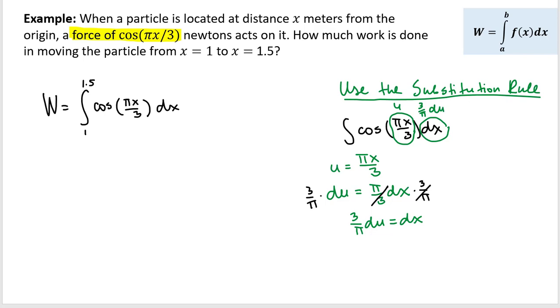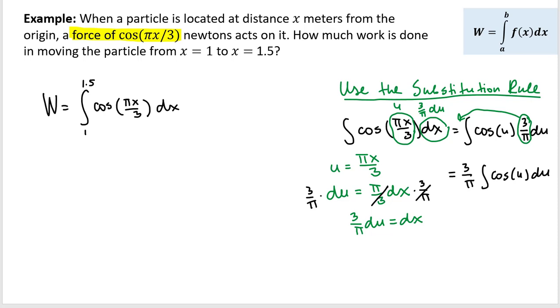Let me put this all together. So for this, I have the integral of cosine of u times 3 over pi du. Well, 3 over pi is a constant, right? So I can place it in front of the integral sign. So now I have 3 over pi times the integral of cosine of u du.